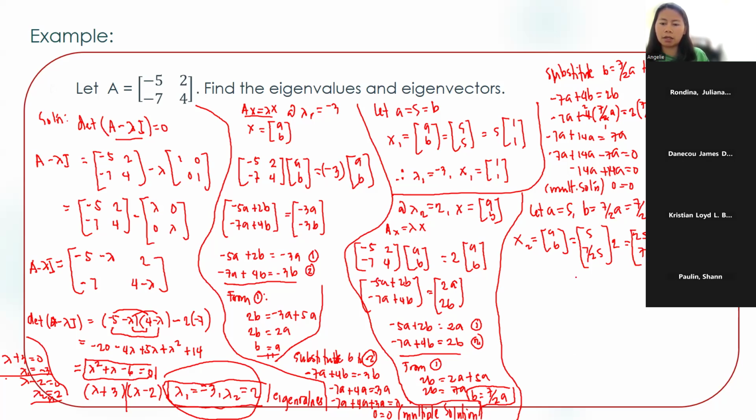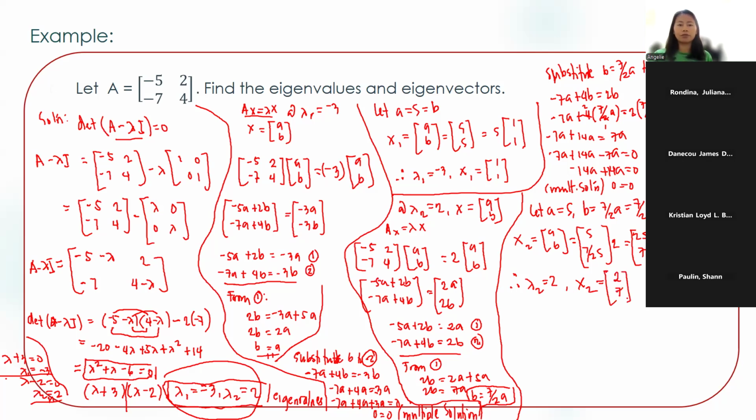Then we factor out S. So this will become now, wait a minute. This will become now S times 2 and 7. So for lambda 2, your x2 or eigenvector is equal to 2 and 7.